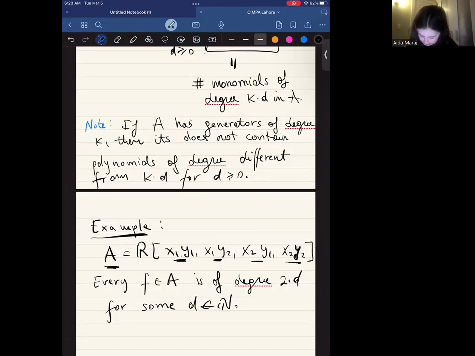I'm always working in the homogeneous case.